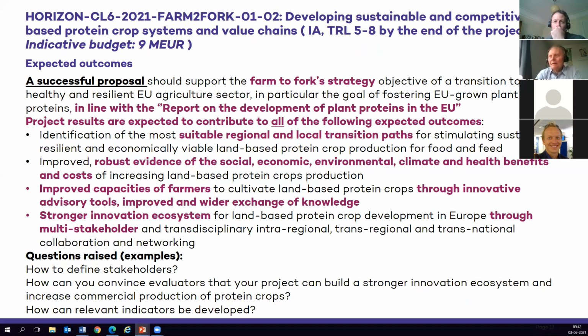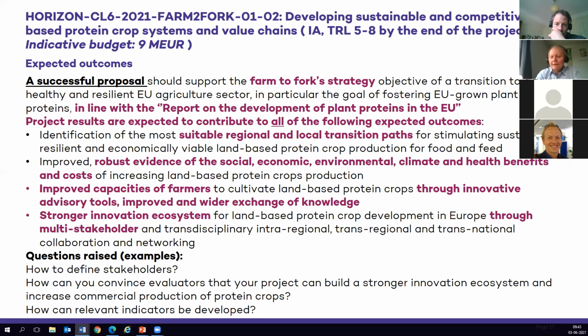And here I have taken an example of a topic which is clearly defined in relation to one of the important EU policies that we are dealing with. That is the Farm to Fork strategy, which is a part of the Green Deal strategy.